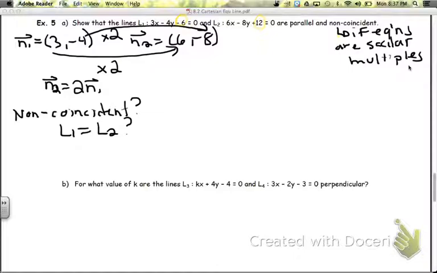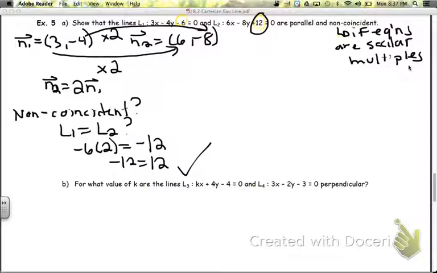If they are the same line, if we multiply that -6 C value times 2, we would get the same C value in line 2. However, we get -12, and -12 is not equal to 12, so therefore we have shown that they are parallel by showing that they're scalar multiples, and non-coincident by showing that they have different constant terms.